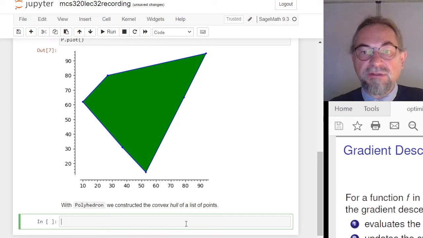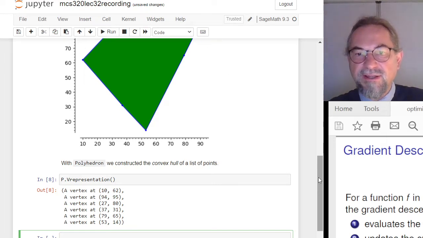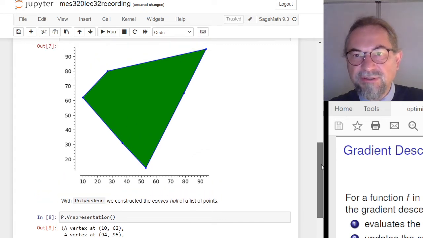Now we can ask for the vertices of this polyhedron with the method vRepresentation. And you see that there are 6 vertices, and I must say that in my opinion they're actually okay.